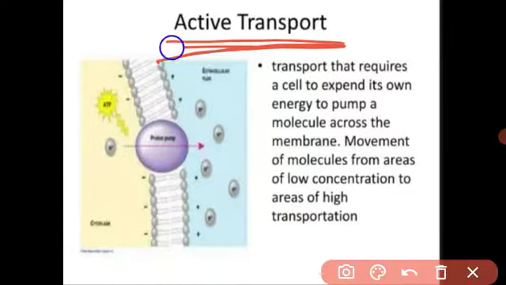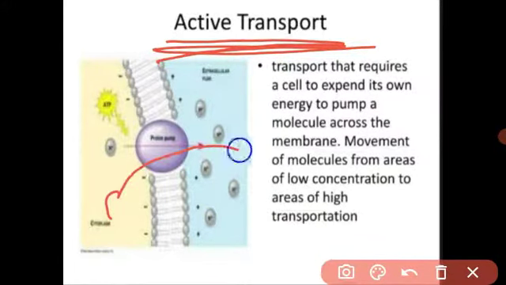But in active transport, what happens, student? The movement of any molecule from the region of lower concentration to the higher concentration, and it requires energy because it is movement in the opposite direction. Got it?